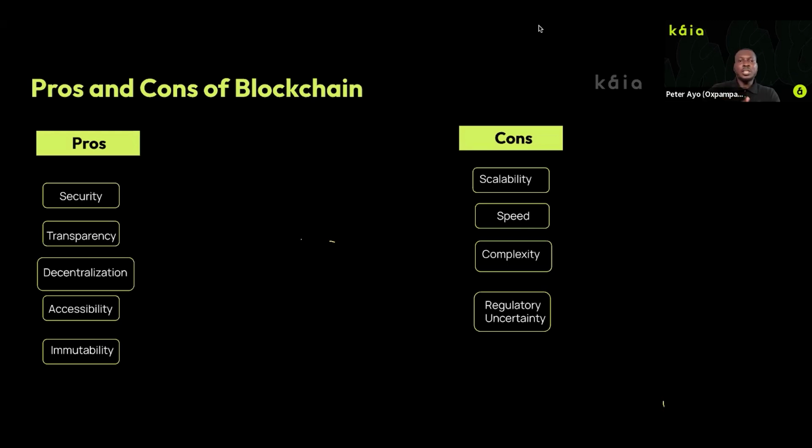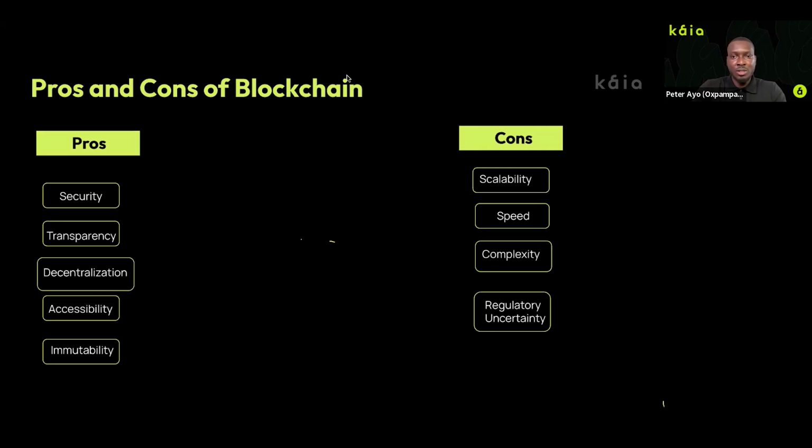If a voter votes on chain, this data is recorded and nobody, not even the government, can manipulate or rig the election results, right? So these are the pros of the blockchain.